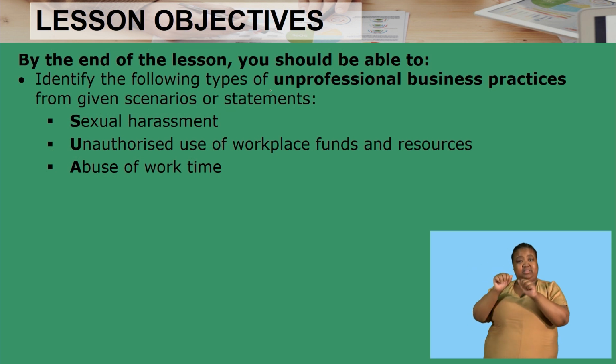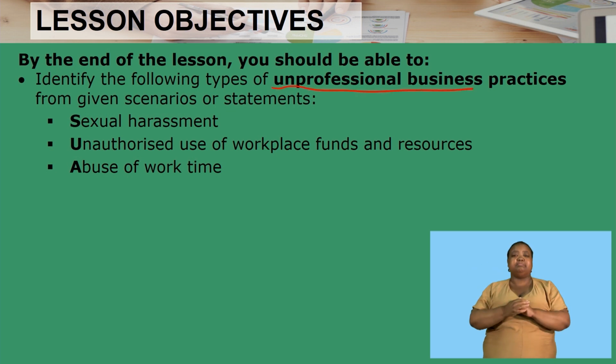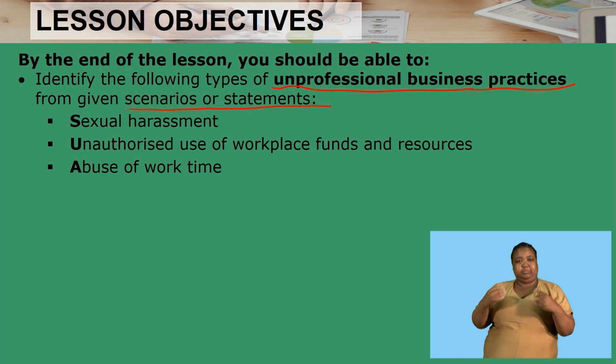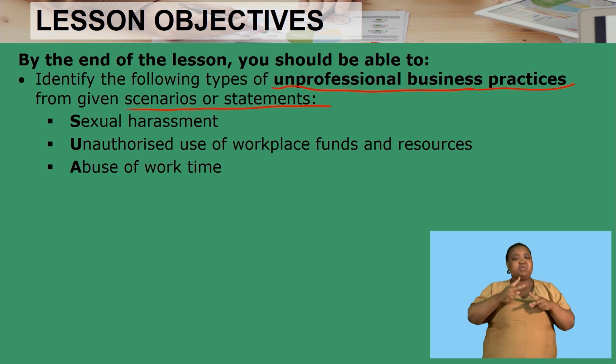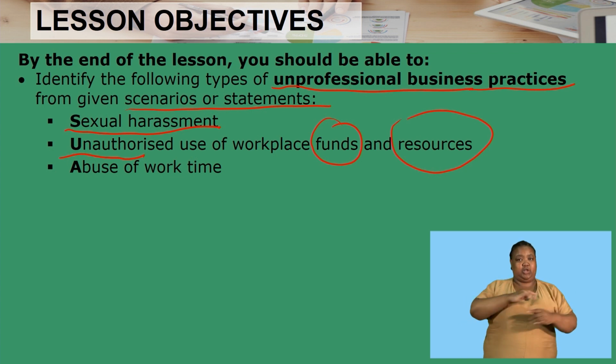The second slide says, by the end of the lesson, you should be able to identify the following types of unprofessional business practices from the given scenarios or statements. Please take note, we had unethical, now we have unprofessional. So you must also know the difference between unprofessional and unethical. The practices are sexual harassment, unauthorized use of workplace funds and resources, and abuse of work time.